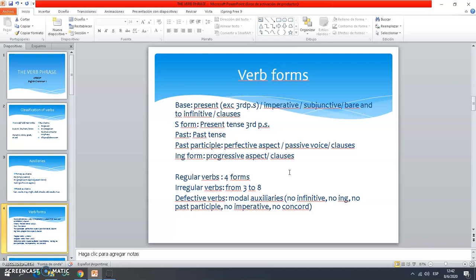Okay, and we say that modal auxiliaries are defective, and I mentioned that they are different from the other verbs because they don't have all these forms. There is no infinitive, and I'm talking about core modal auxiliaries, all right? No ing, no past participle, no imperative, no concord, that is, there is no S form, and that makes them different from the other verbs.